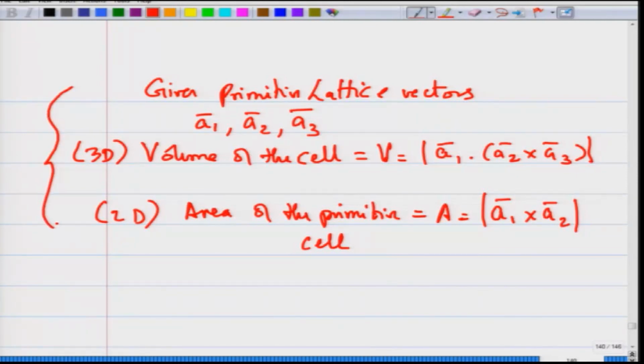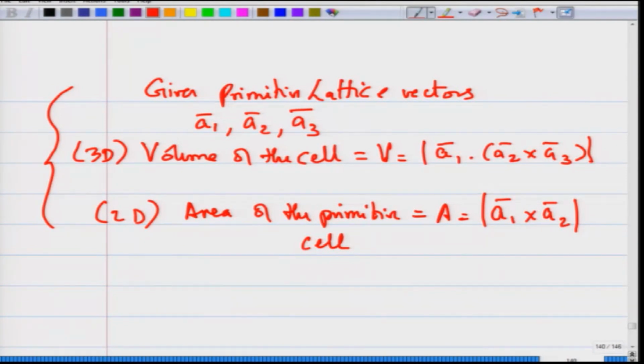So, these are the concepts associated with the primitive cell, and given a lattice, you have to figure out what is the primitive lattice, and you have to choose your A1, A2 and A3 so that you can get your primitive lattice vectors and the primitive cell for your Bravais lattice.